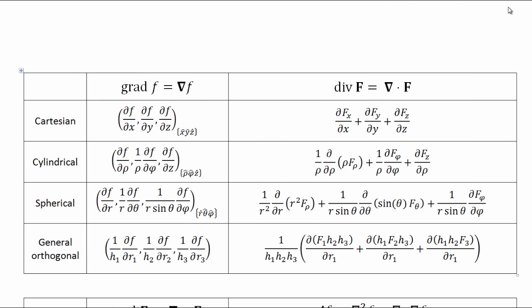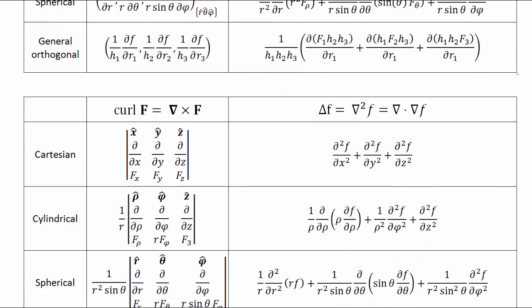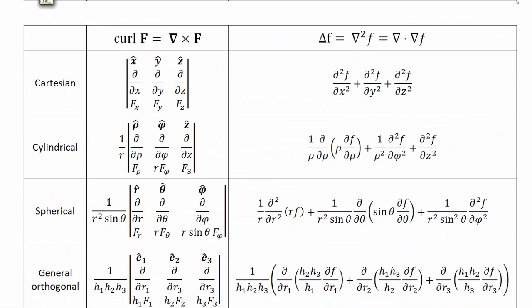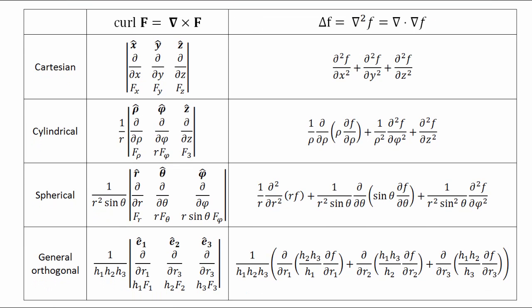which I show you here. So as you can see, here we have the Cartesian expressions for the gradient and divergence, and in cylindrical and spherical coordinates, they get to be more complicated. Basically, you can find both of these by using these expressions here, which are valid for any orthogonal coordinate system. And here you have the corresponding expressions for the curl and the Laplacian.